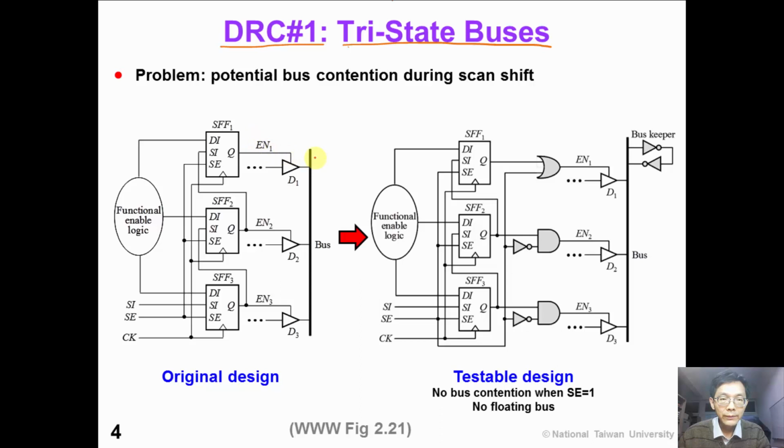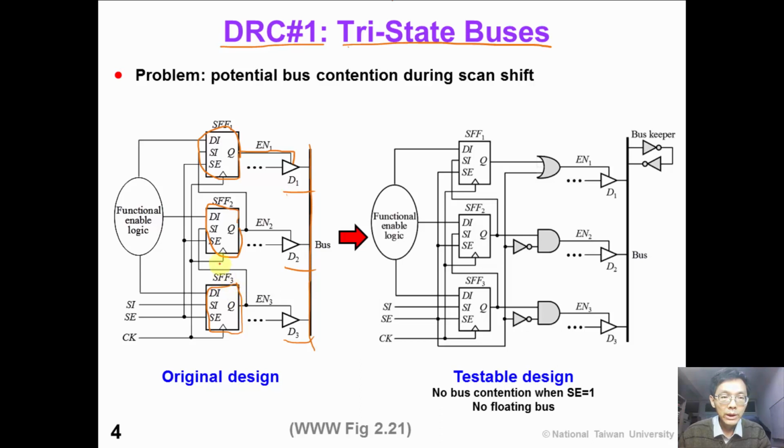Suppose that we have a tri-state bus in our original design. This bus has 3 drivers, D1, D2, and D3. The enabled signals are controlled by scan flip-flop 1, 2, and 3. This seems to be a correct design.